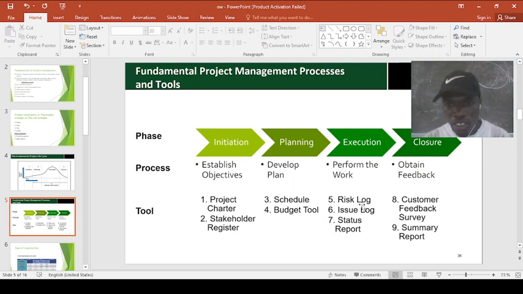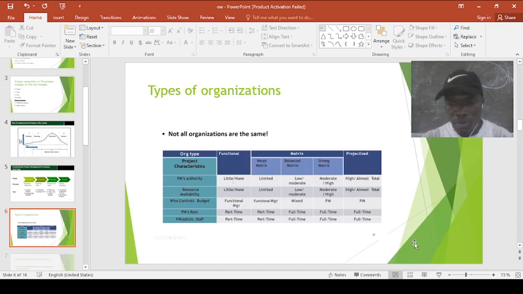These are the tools where we can manage the performance, where we have the risk log, issue log, and status log. Then in the closing phase, we obtain feedback, especially from the customer. Then the summary report, which is basically written by the project manager.